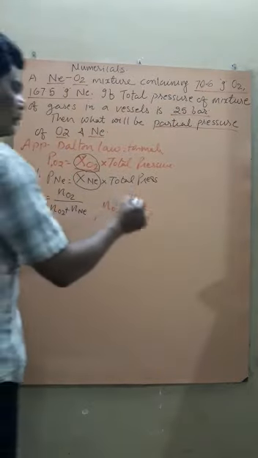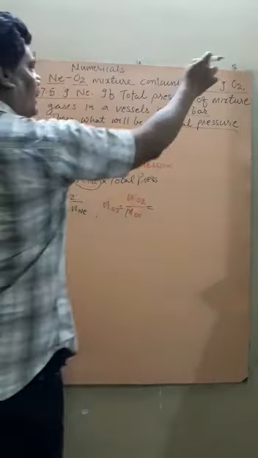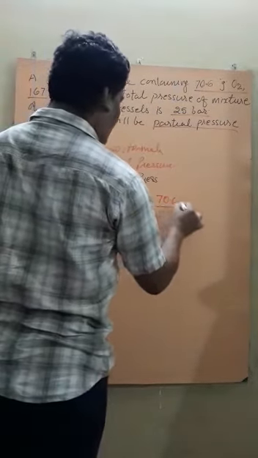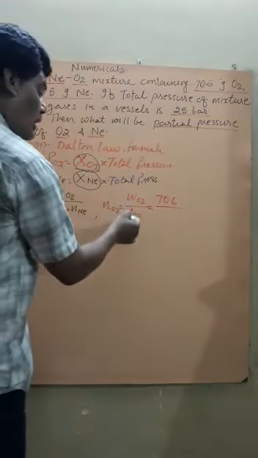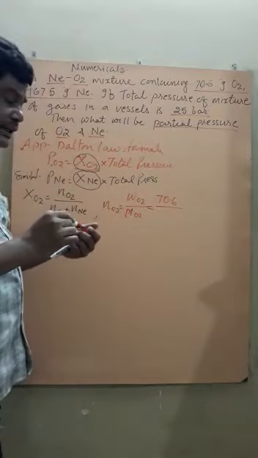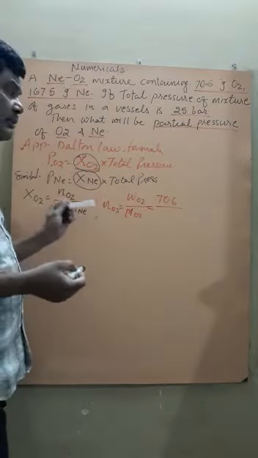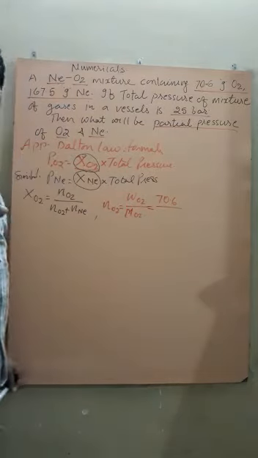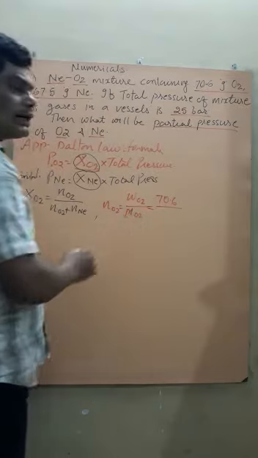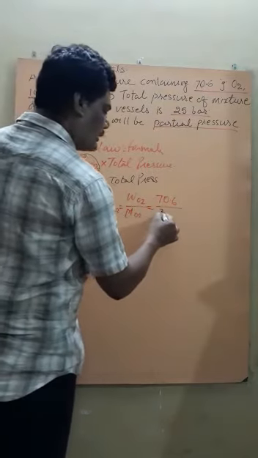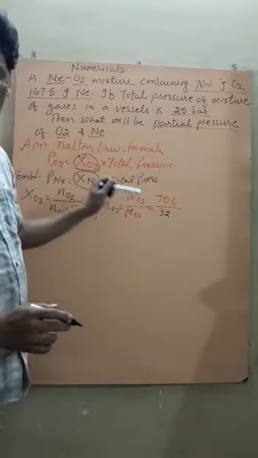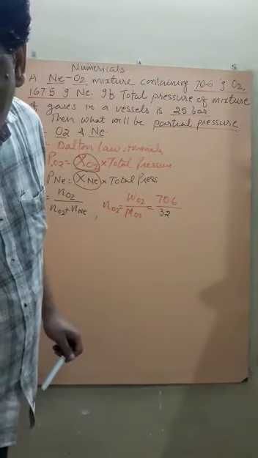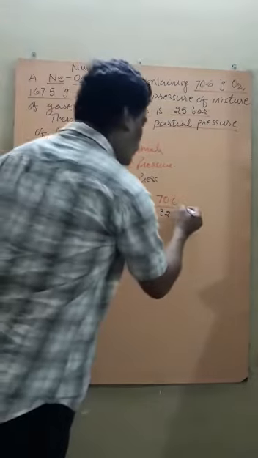Now, the weight of O2 is given as 70.6, divided by the molecular mass of O2, which you have to learn; the value will not be given in the question. One oxygen has atomic mass 16, so the two atoms will have a mass of 32. When you solve it, you will get the answer 2.21 mole.